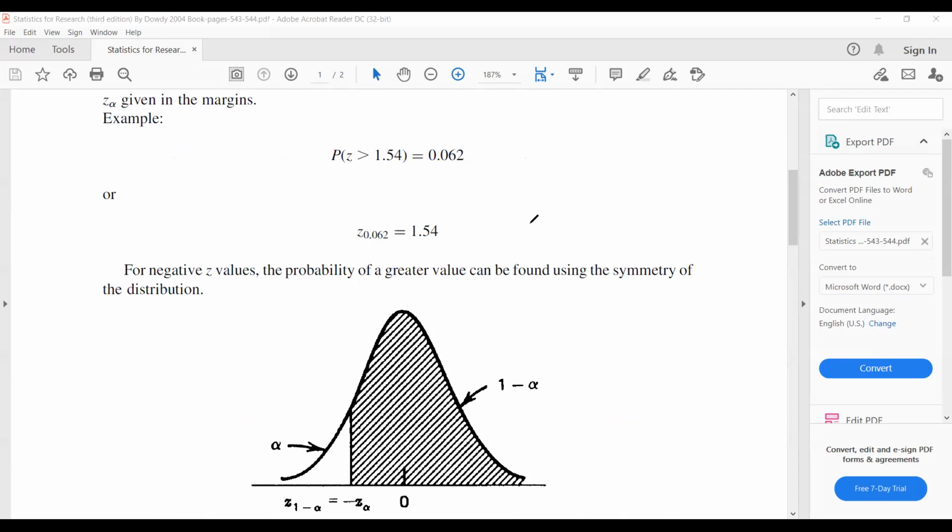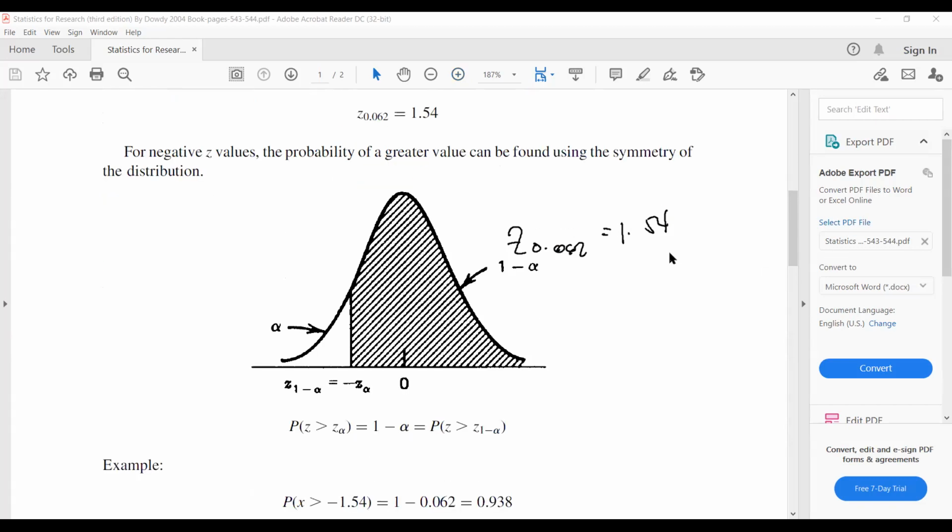So we said that Z_0.062 is equal to 1.54. So yung sa table, the value in the table is 1.54. For negative value Z, the probability of the greater value can be found using the symmetry of the distribution, later on i-explain natin.